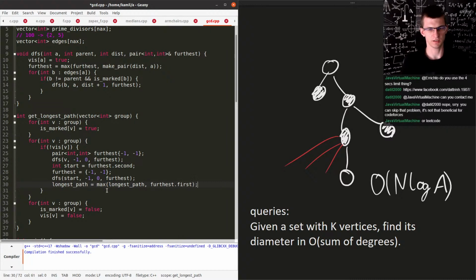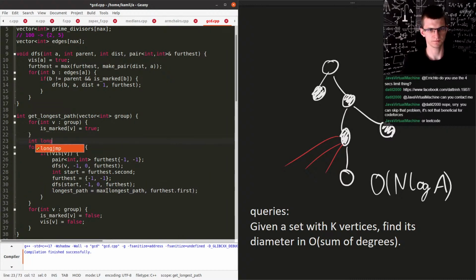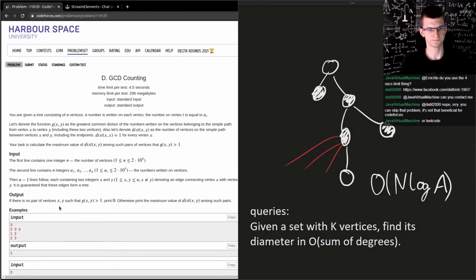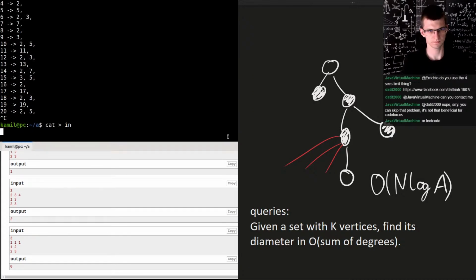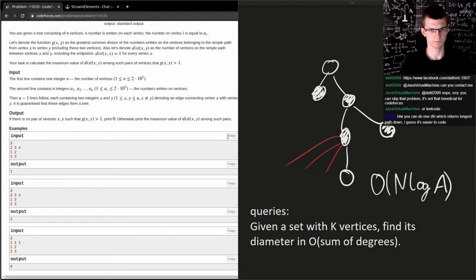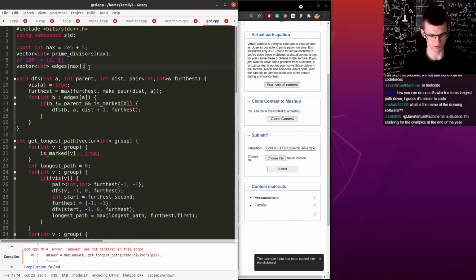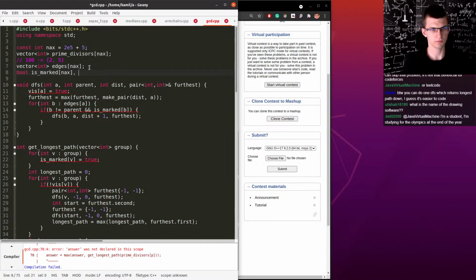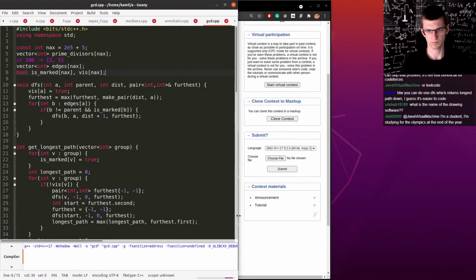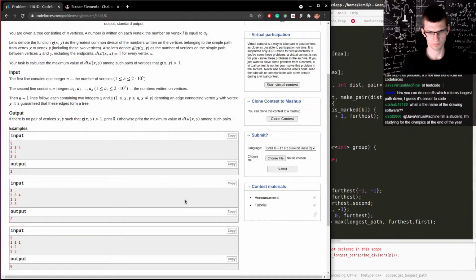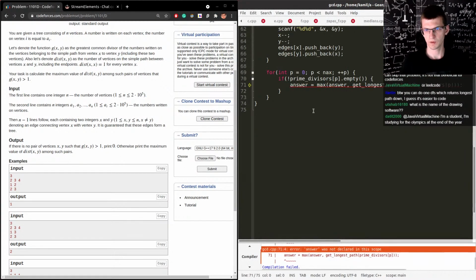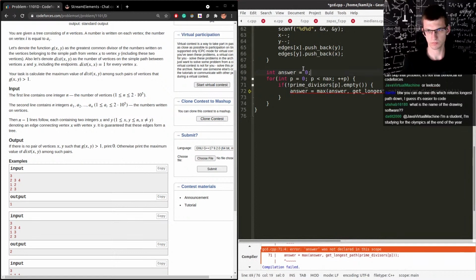Furthest dot first stores that. Done. Is marked and visited. Answer.